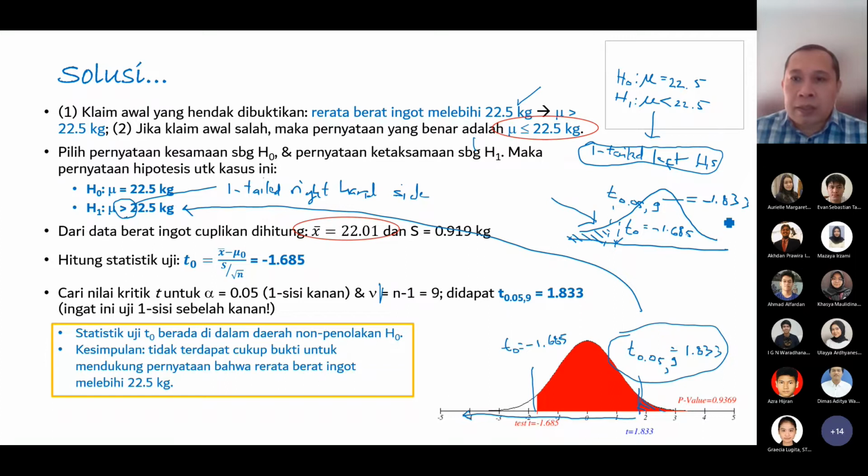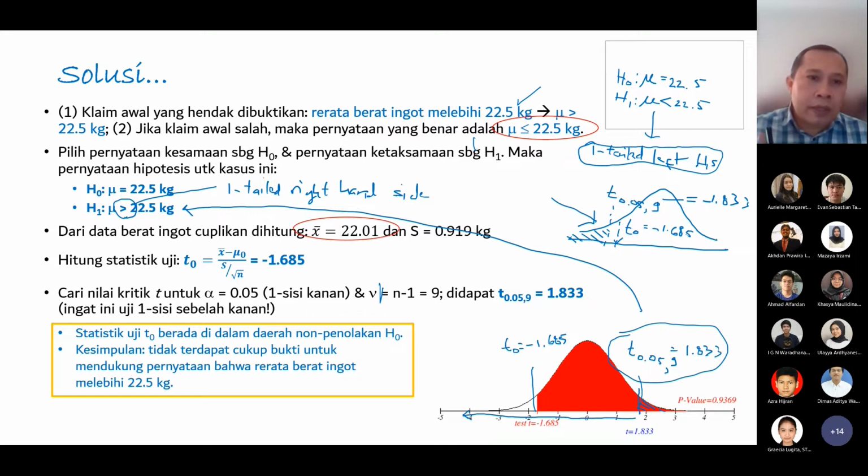The boundary for the rejection region is minus 1.83, whereas the T0 is minus 1.68. So the T0, in other words, is located to the inside of the critical value. So again, it is located in the non-rejection region of H0.